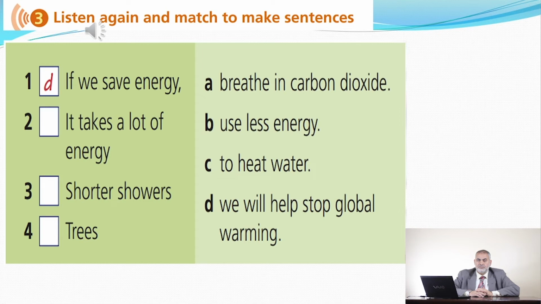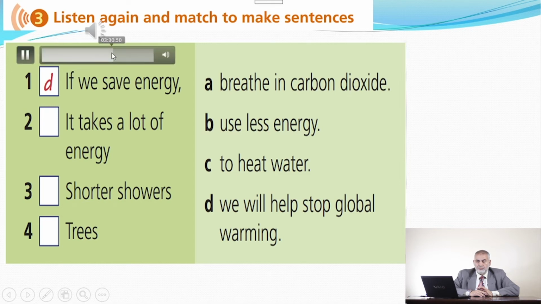As you know, trees breathe in carbon dioxide. We need more trees. About 2% of the earth has rainforests, but people are cutting down trees in rainforests every day. 2/3 of the earth's rainforests are not there anymore. And it's not just rainforests that are in danger. We are cutting down trees and plants all over the world, even in Egypt. So why don't we plan a day to plant trees?